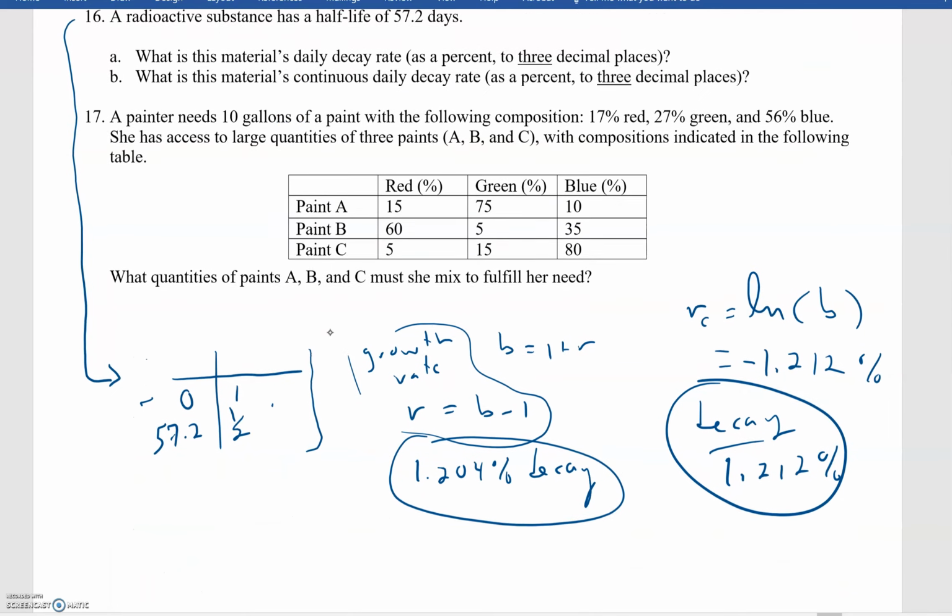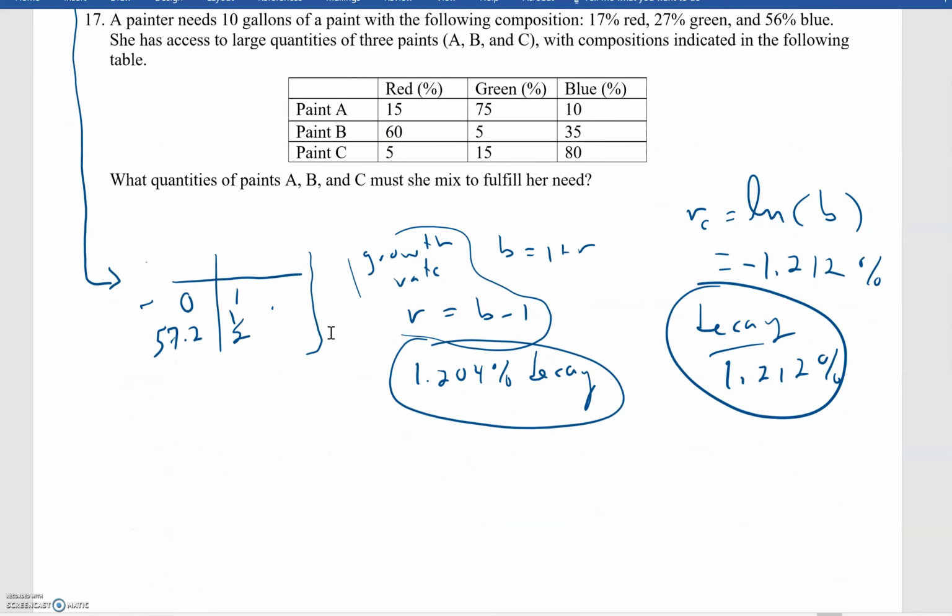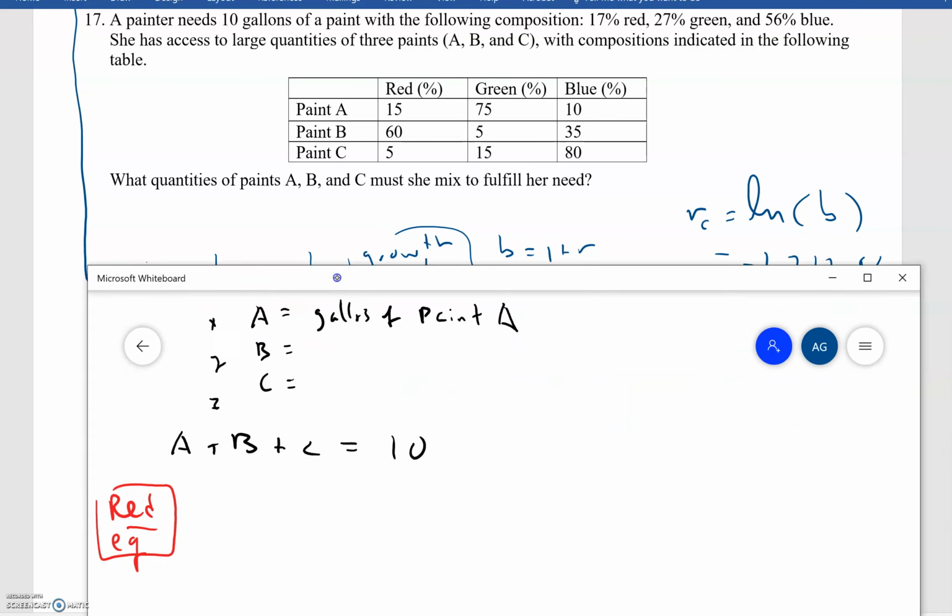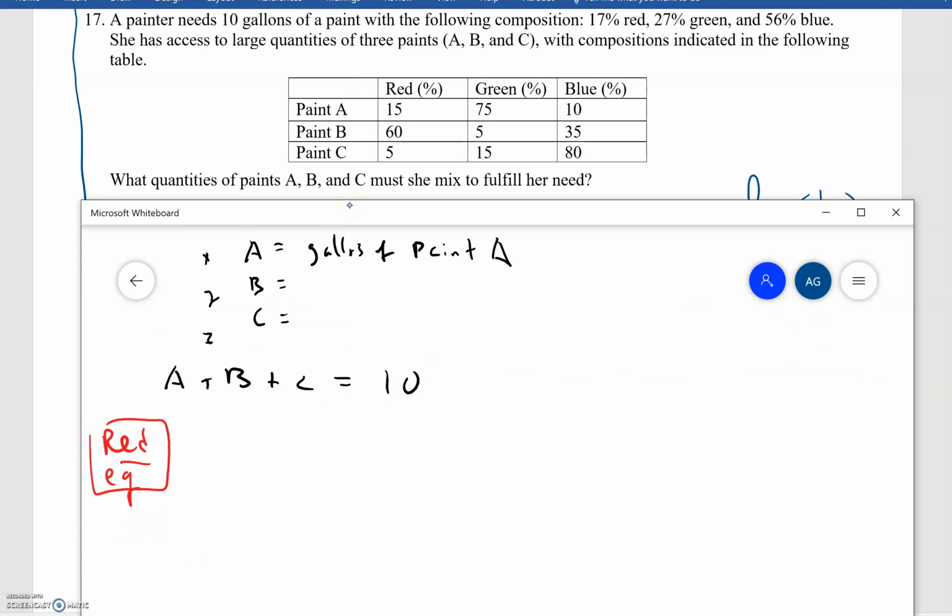So my red equation is going to be the red contributed from each of these. The red contributed from paint A is 15%, so that's 0.15 of A. Now how much of B is red?